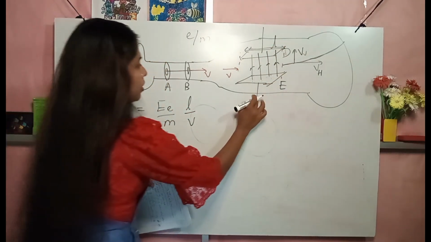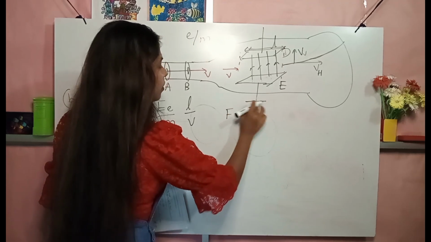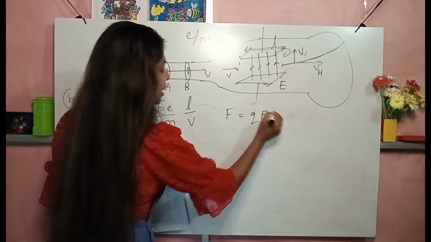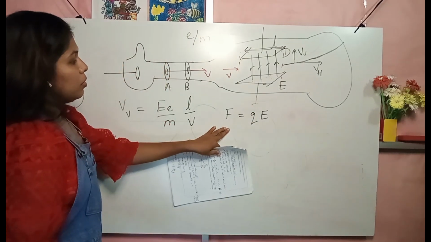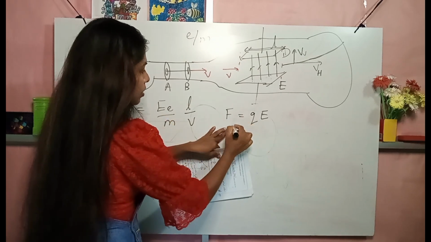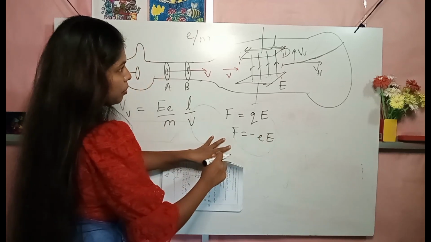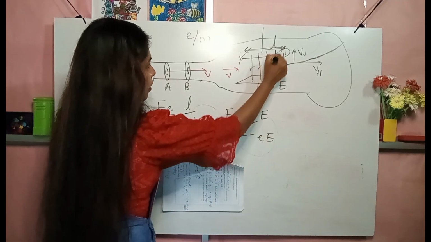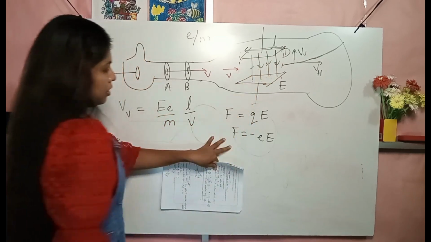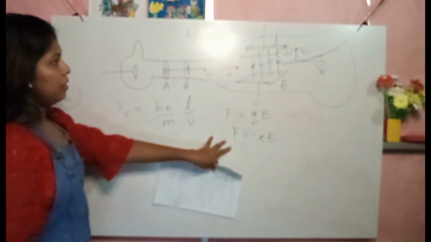So, as we already know, F equals QE. As we are taking electrons, F equals minus eE. So the force should be in the opposite direction of the electric field.